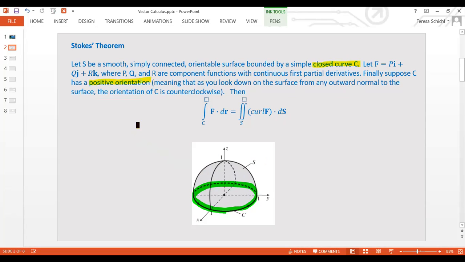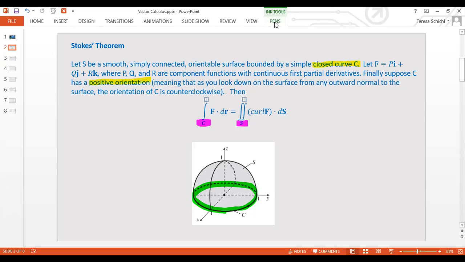Here is the key: if you integrate the vector field along this curve, the left-hand side is a line integral, and it is equivalent to the surface integral of the curl of this vector field. So Stokes' theorem combines line integrals and surface integrals.